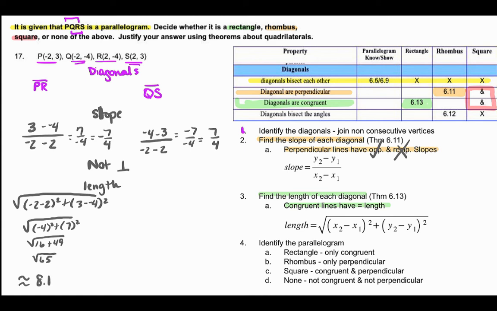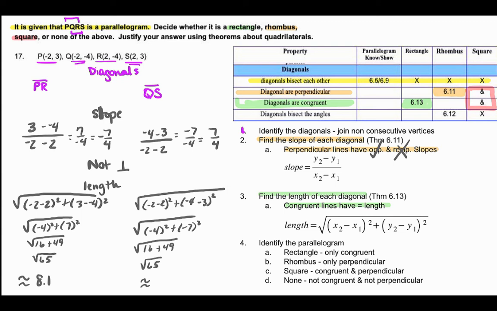So I do the same thing for QS. So -2 minus 2 squared plus -4 minus 3 squared. So this is going to be negative 4 squared plus negative 7 squared. So this is 16 plus 49 to get the square root of 65, which is approximately 8.1.